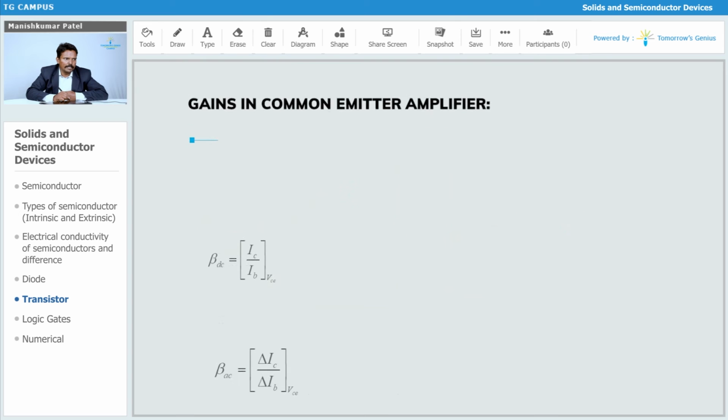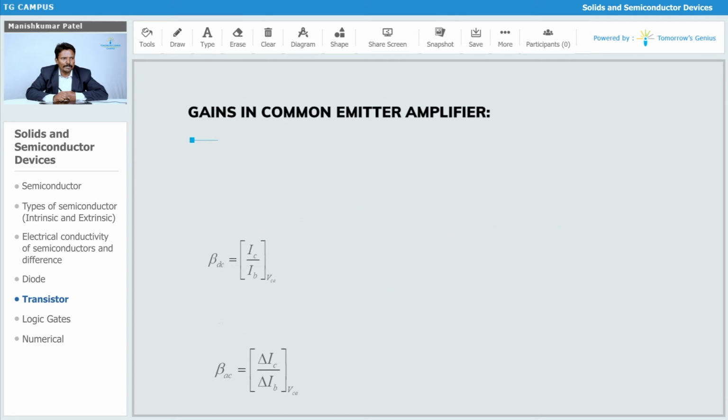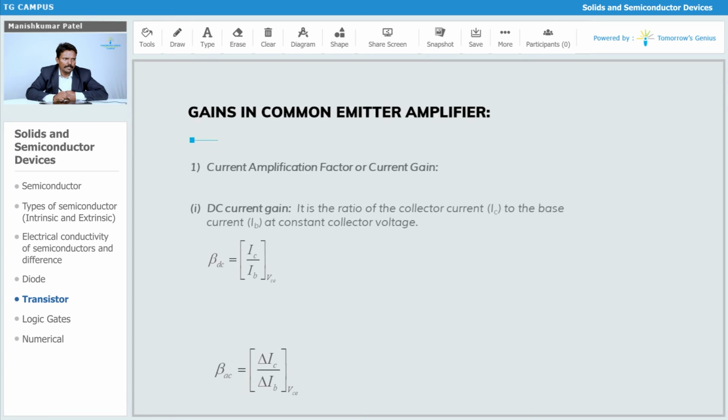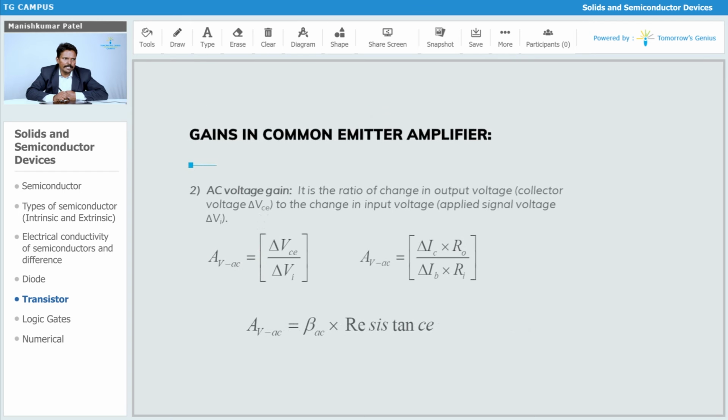The same thing that we have mentioned, the gains in a common emitter amplifier: beta is IC upon IB, and for AC current it is delta IC upon delta IB. So this is the AC current gain and DC current gain. Obviously the AC voltage gain is the change in the output voltage upon the change in the input voltage.